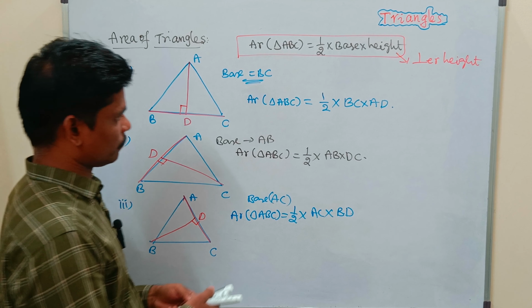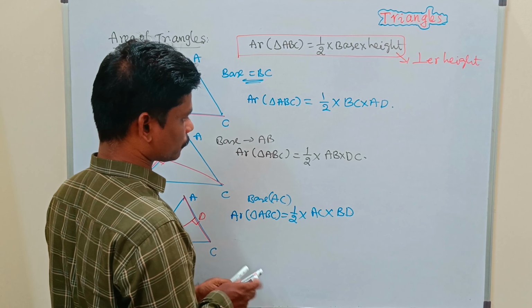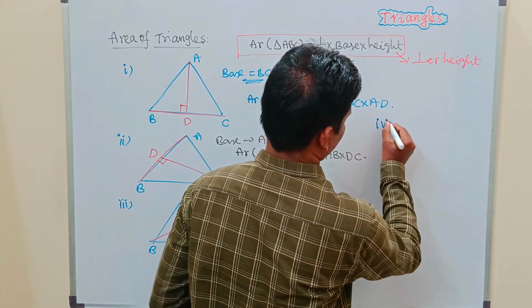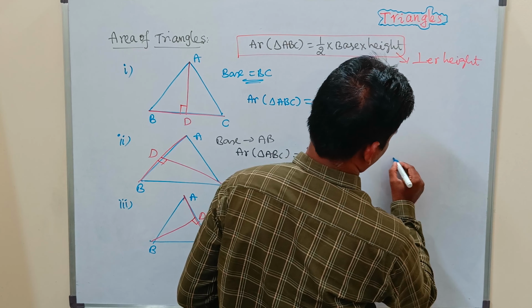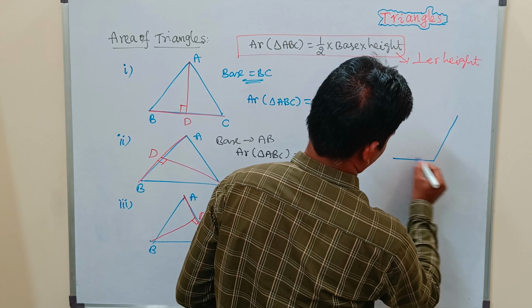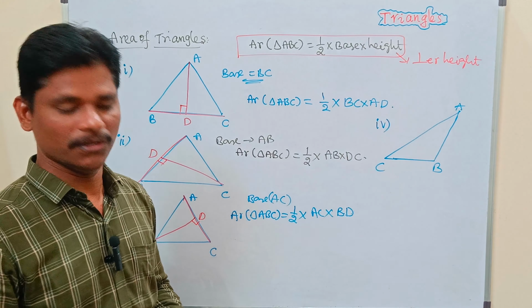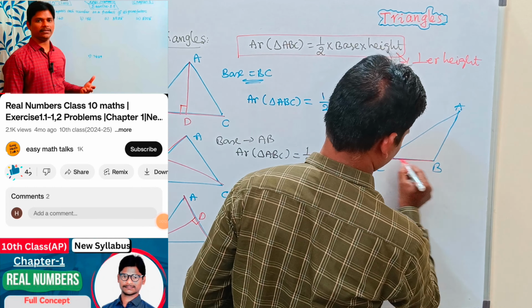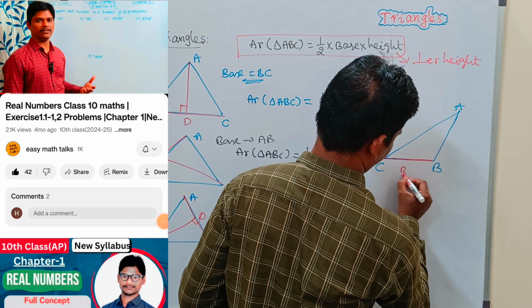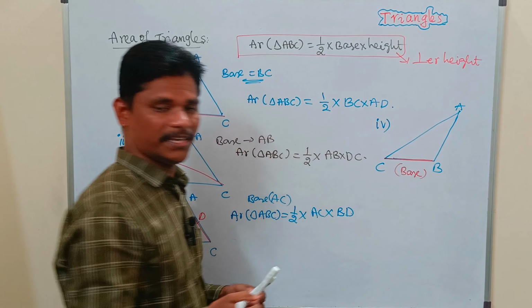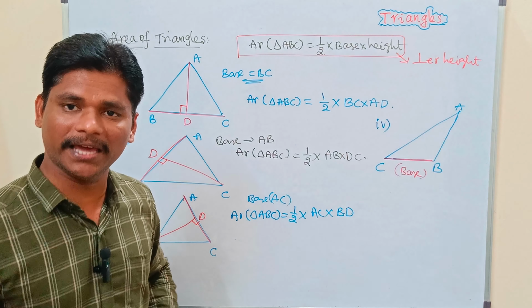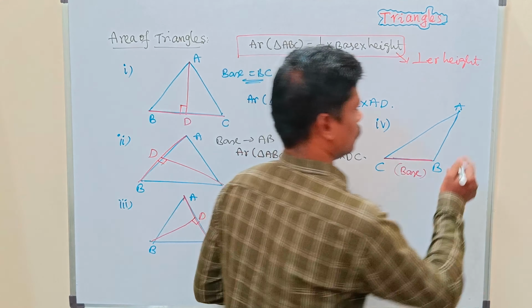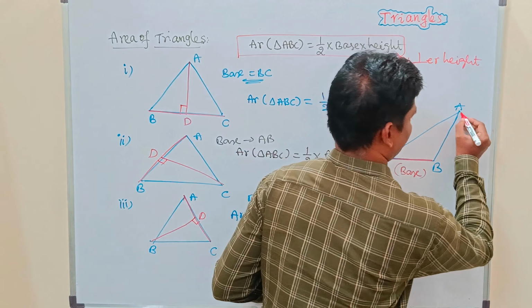Now the fourth point. Suppose this is a triangle ABC, and the base is BC. Where is the height? Where will you take the height in this triangle? The perpendicular height is outside the triangle.